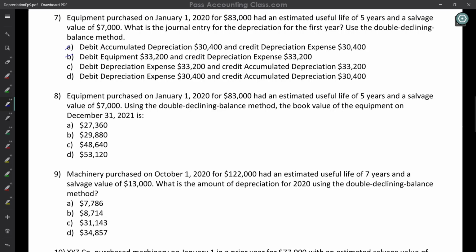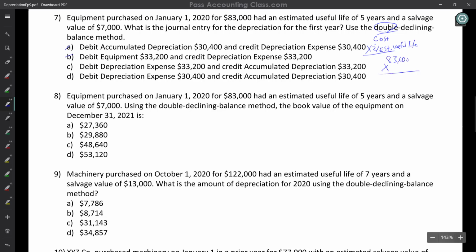So next we need to figure out the amount. And it says here that we're using double declining balance. So we need to take the cost, and we're going to multiply that by 2 divided by the estimated useful life. And as I mentioned earlier, we get this 2 because it says double declining. So we have 83,000.